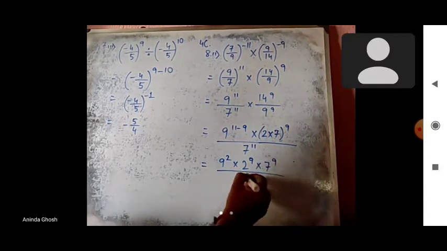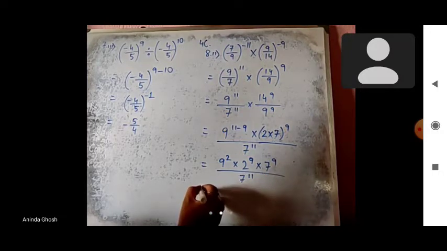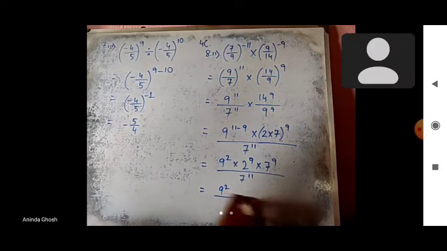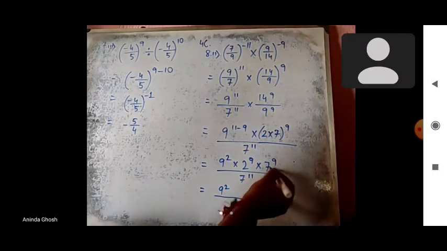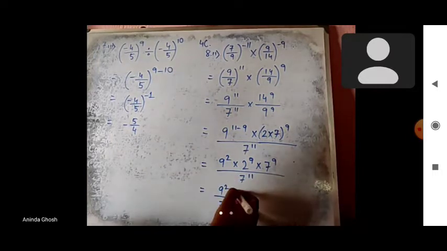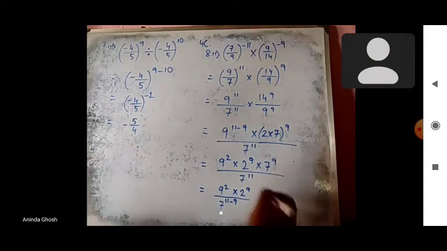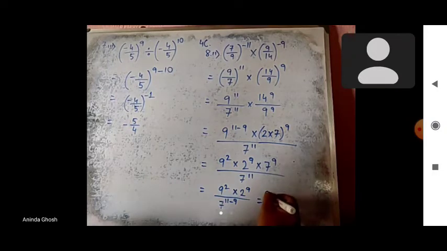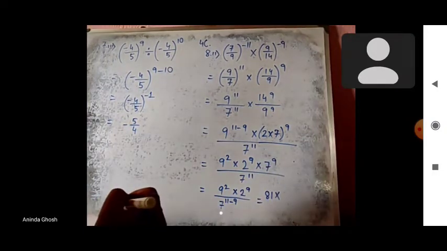So 9 square into 2 to the power 9 into 7 to the power 9 upon 7 to the power 11. These two 7s are in division form, so we subtract the powers and write 7 to the power 11 minus 9, and 2 to the power 9 stays in the numerator part.